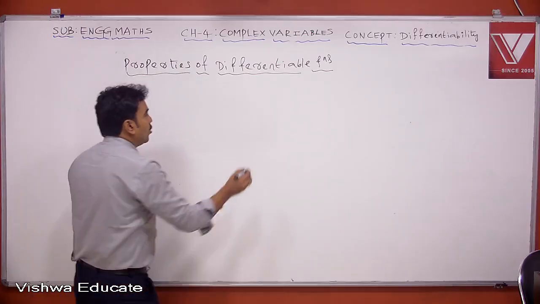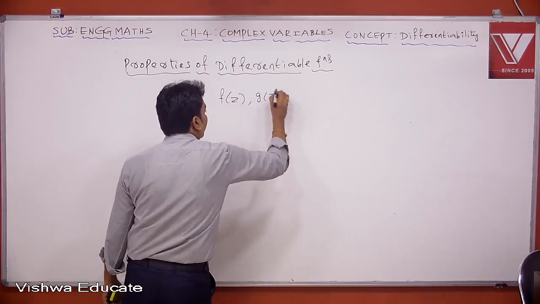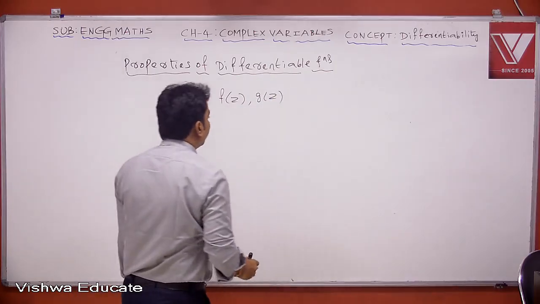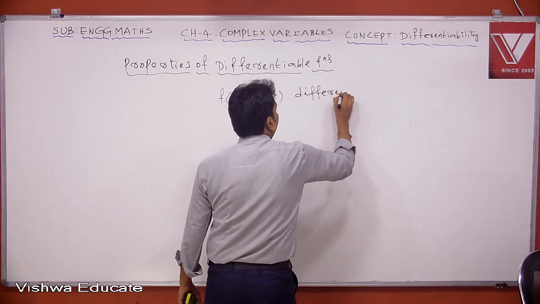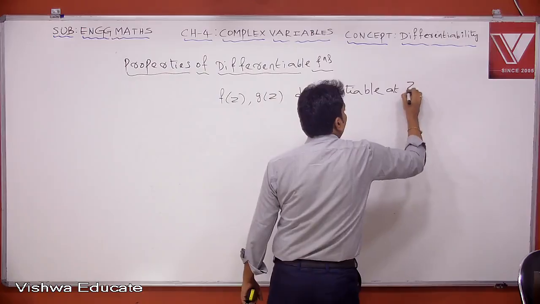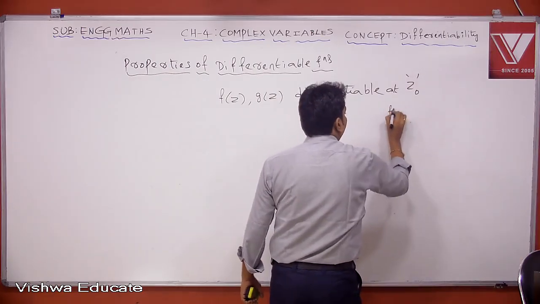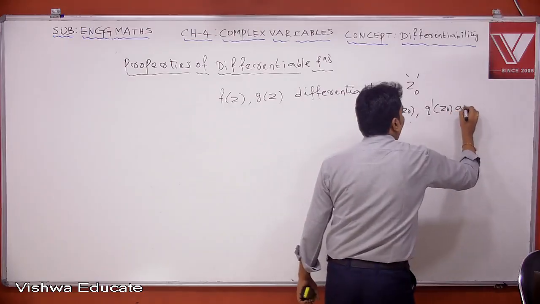Let us see. Suppose I have 2 complex valued functions f of z and g of z. Assume that both the functions are differentiable at a point z0. What does it mean? F dash of z0, comma g dash of z0 are finite numbers.